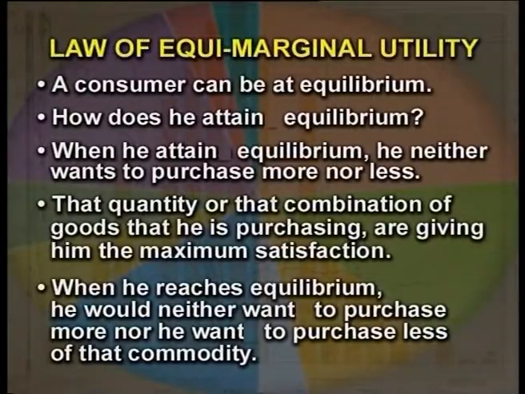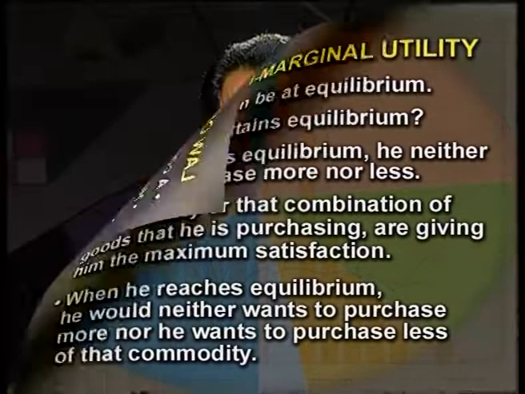When he reaches equilibrium, he will neither want to purchase more nor will he want to purchase less of that commodity. And therefore, this law is a very important law, and it helps us to understand how the consumer behaves or how he has to spend his money in order to maximize his satisfaction.